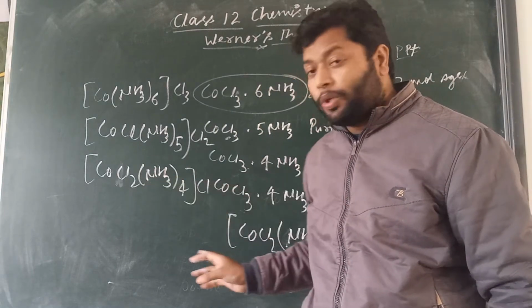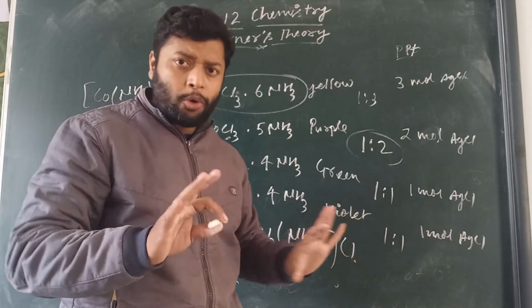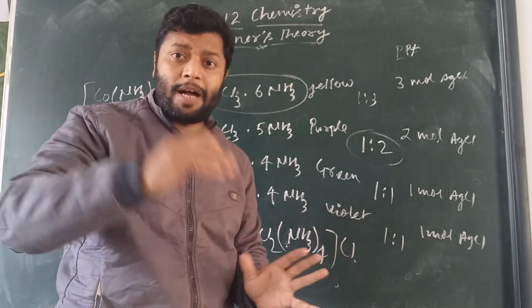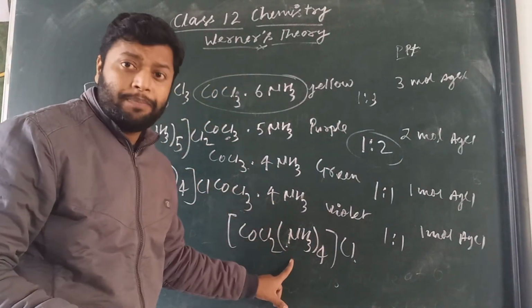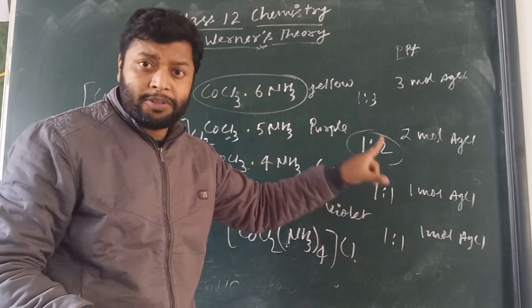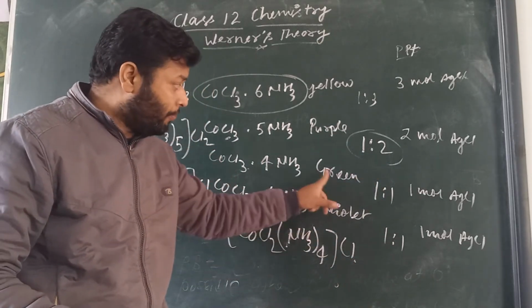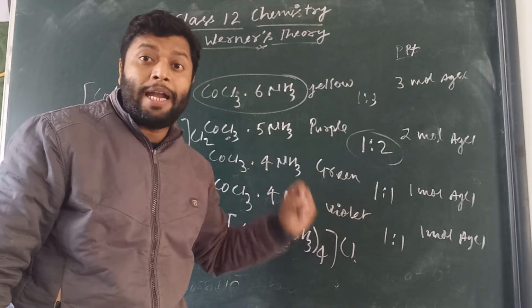And for the last 2, the conductivity ratio remains the same. Now the wondrous question, which can also be asked in competitions or the board exam, is: if the formula is the same and the solution conductivity ratio is also the same, why do the 2 complexes have different colors? You can see the color is green and violet.